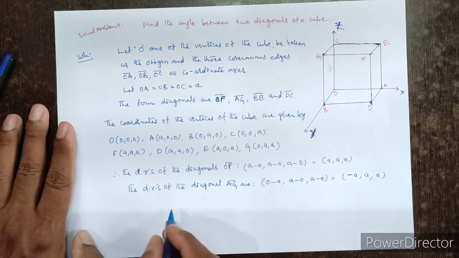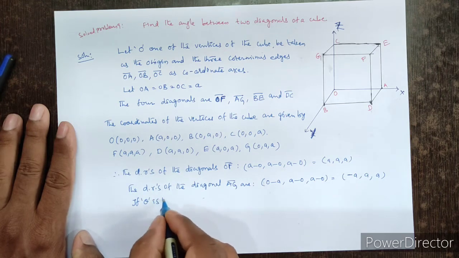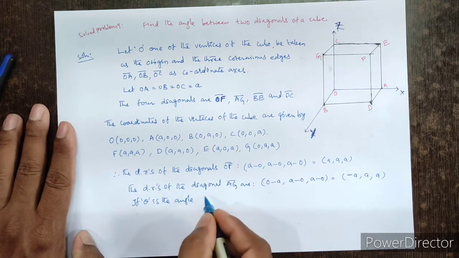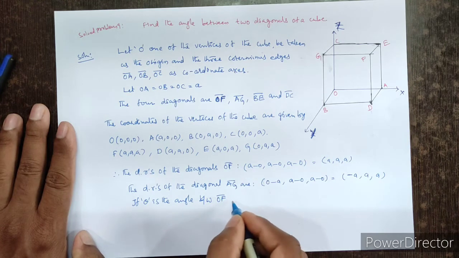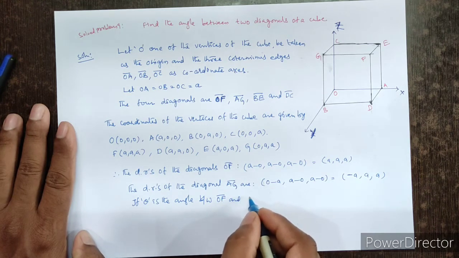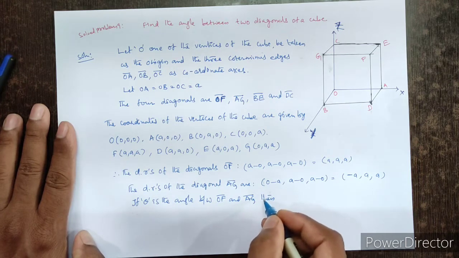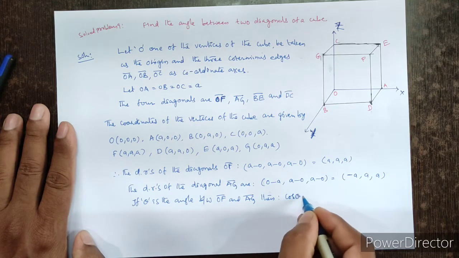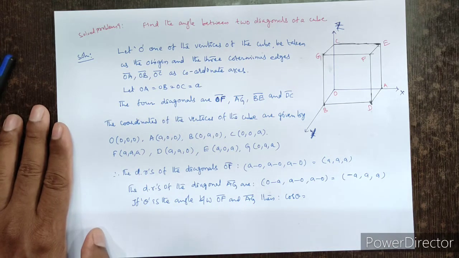If theta is the angle between OF and AG diagonals, then what is cos theta? Cos theta is, as we already had, modulus of a1 a2 plus b1 b2 plus c1 c2 divided by root of a1 square plus b1 square plus c1 square into root of a2 square plus b2 square plus c2 square.